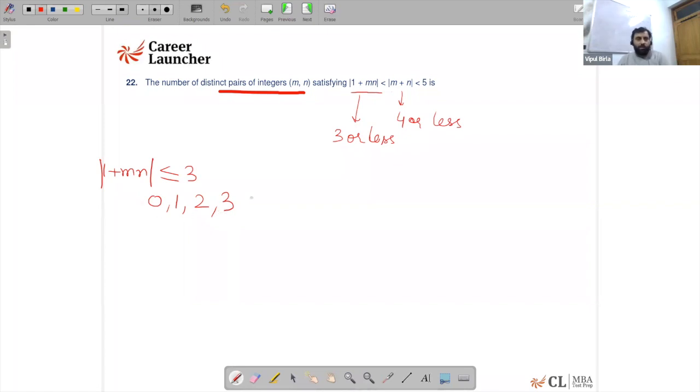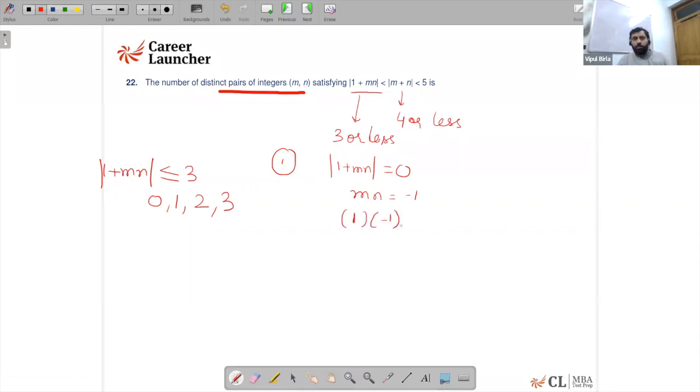So let's take the first case. If mod of 1 plus mn is equal to 0, this is only possible if m into n is equal to -1, and the product of two numbers is -1 and both are integers. So one of them has to be 1 while the other is going to be -1.